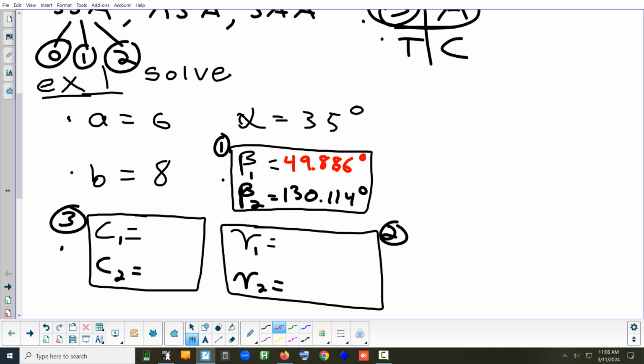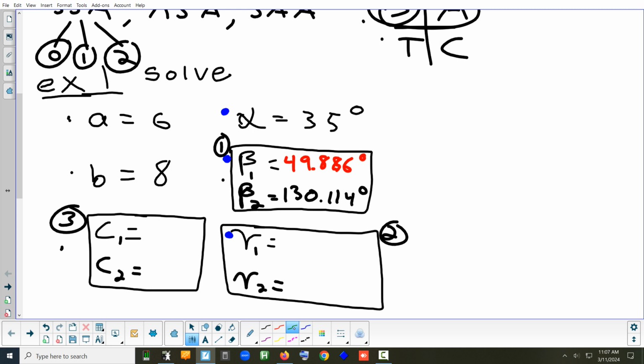If you want to think about it, I can kind of color code it and show you what we're doing. Let's start with what we call the blue triangle. The blue triangle has alpha, beta 1, and gamma 1. Those are the three angles in the blue problem.